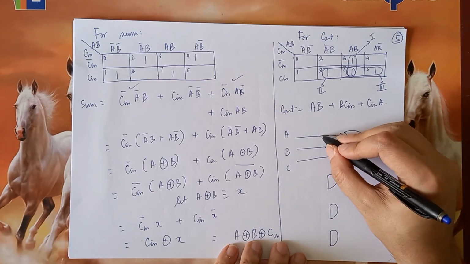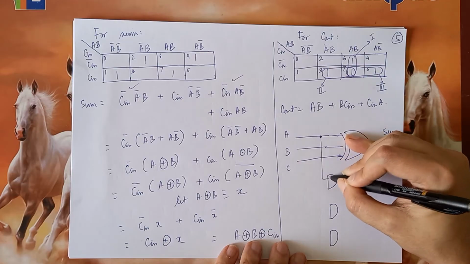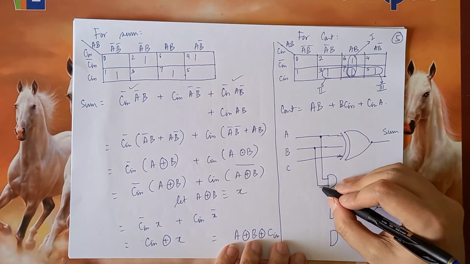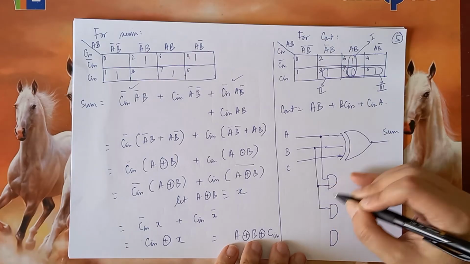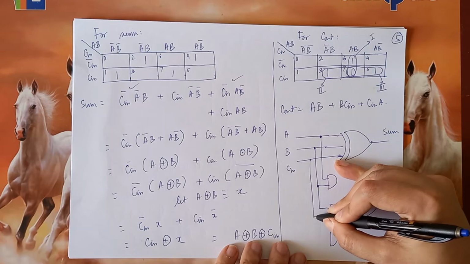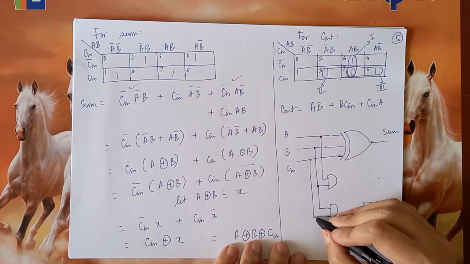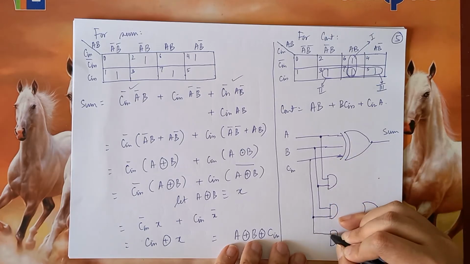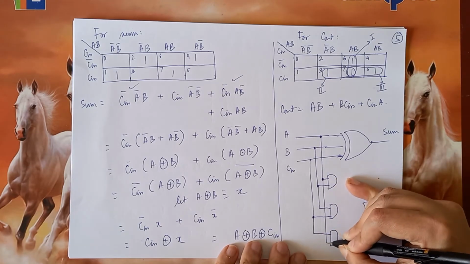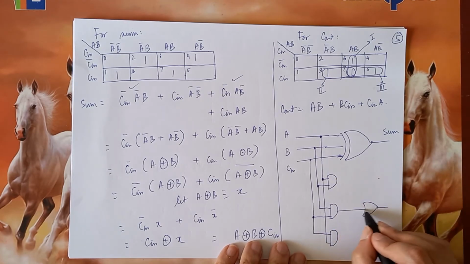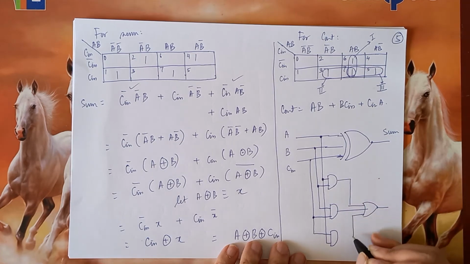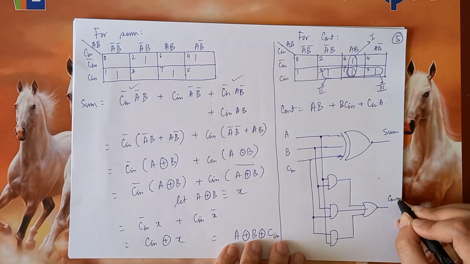So let us say this is A, B, then B times C in, and finally the third gate will be C in times A. And all of these will go into the OR gate, and this is C out.